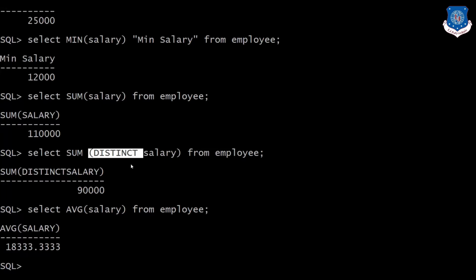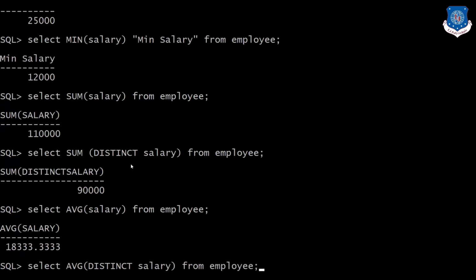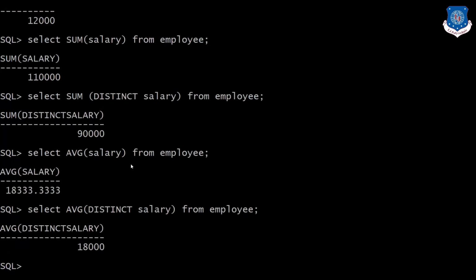What if we want to find out the average of distinct salary, distinct amounts? So in that case select average distinct salary from employee. So it will eliminate the duplicate data from the column salary.